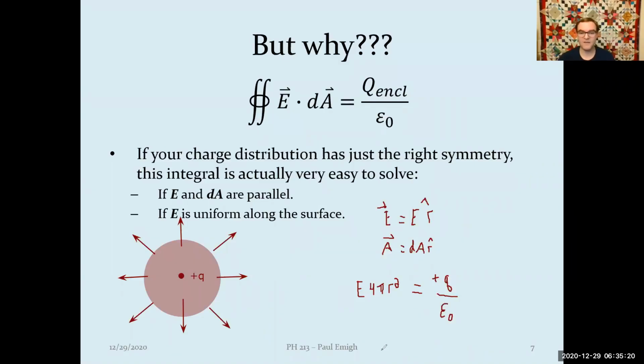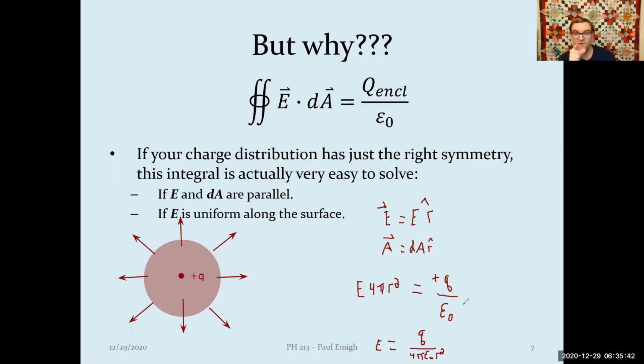And then I can solve this thing for E. And lo and behold, I get q over 4 pi epsilon naught times r squared. And we know from the previous slide that 1 over 4 pi epsilon naught is the same little k that we have been using for Coulomb's law.